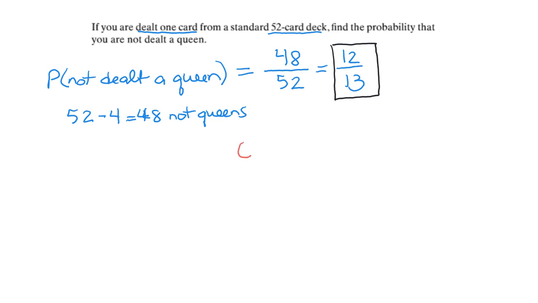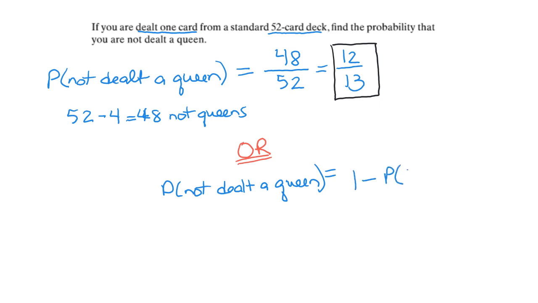All right, there's another way to look at it, and that is to use those formulas on the previous page that we had. So we have the probability again of not being dealt a queen. According to the front part where it says the probability of not the event, we will have 1 minus the probability of being dealt a queen.